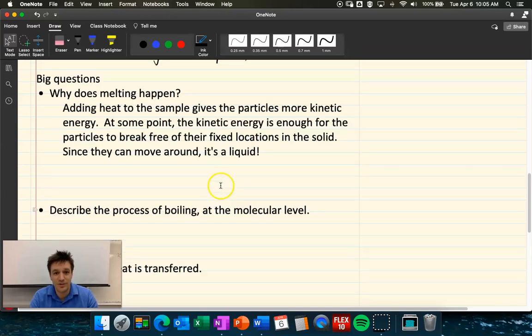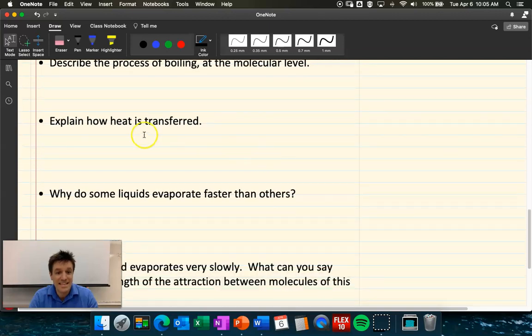Okay, so I hope that you used similar arguments for the boiling question. Heat transferring. I think students kind of have the idea that heat is some sort of magic thing that gets mysteriously transferred, but remember, heat and temperature, all it is is the movement of particles.